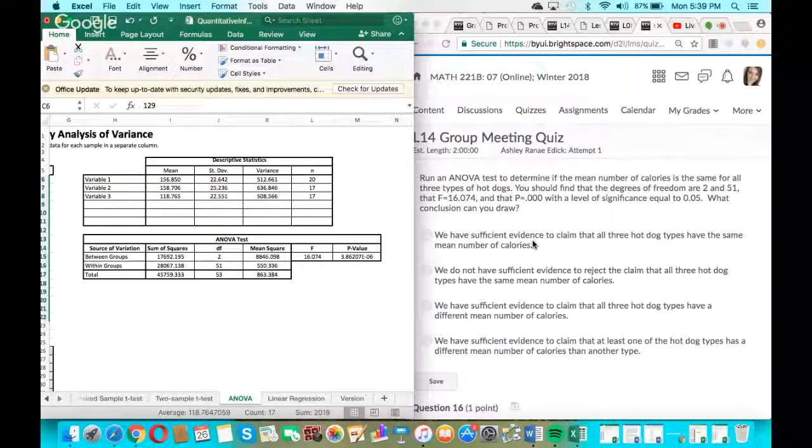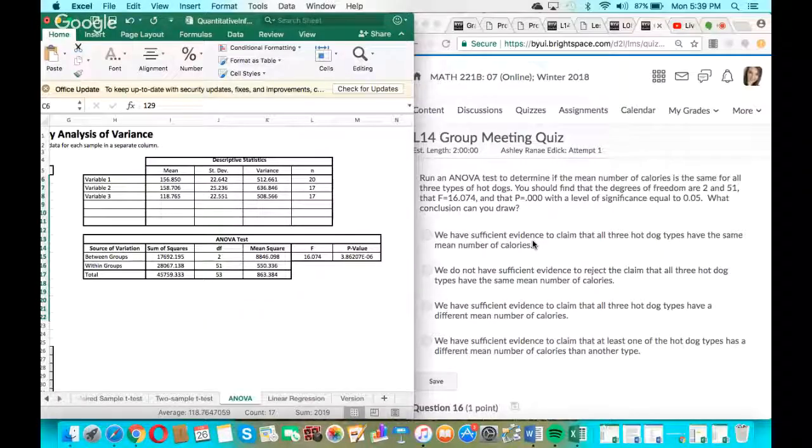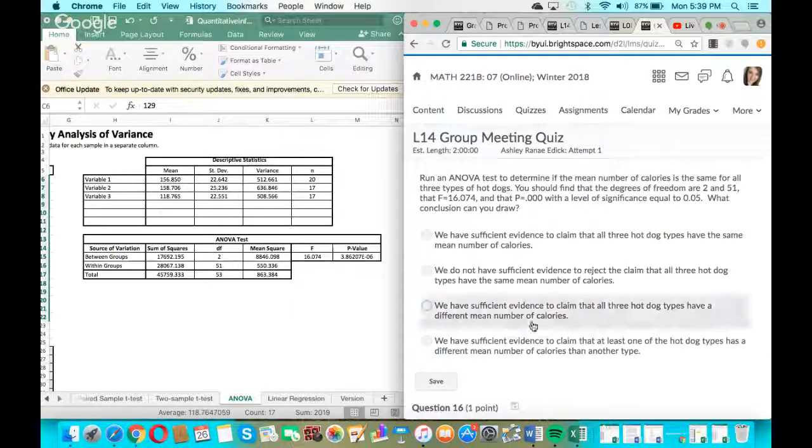Exactly, and the null says that all of them have the same mean calories. We're assuming that the null is that all means are equal. So if we're rejecting it, that means that they're different, so it'd be number 3.